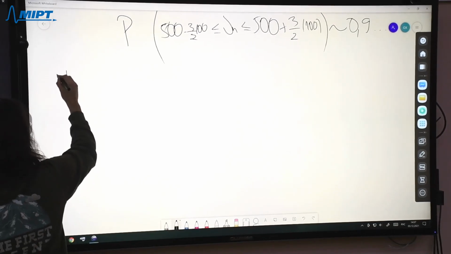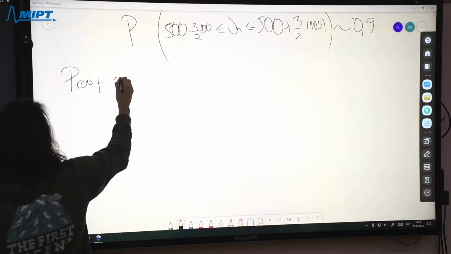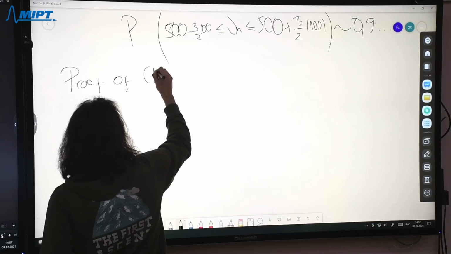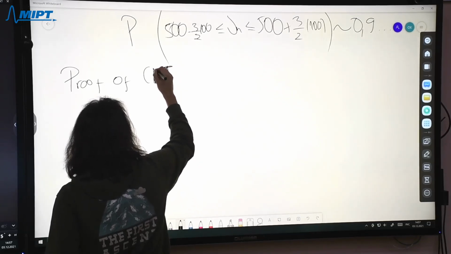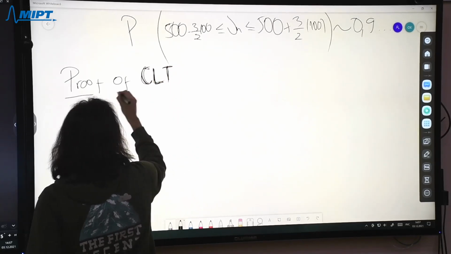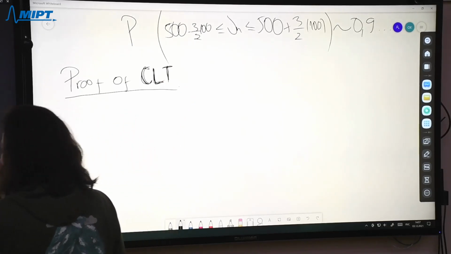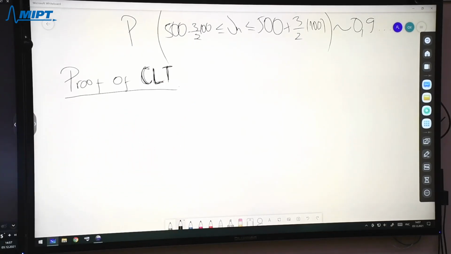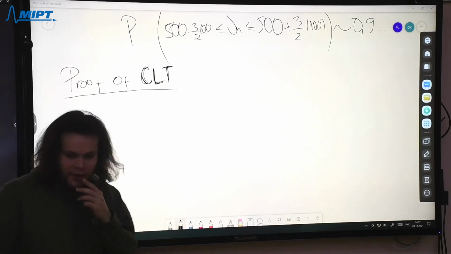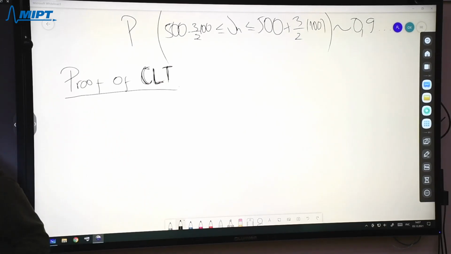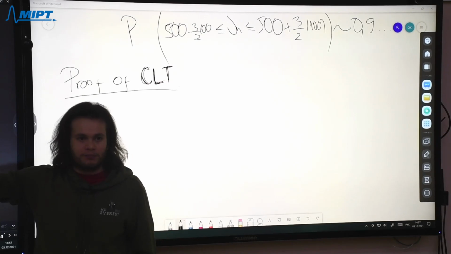So the proof of the central limit theorem. This is what we have. We need to show that this random variable converges in distribution to this random variable.